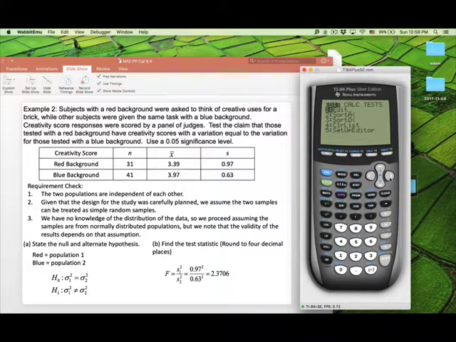So go to stat, go to test, go to 2 sample F distribution hypothesis testing. Then choose the statistics summary. Okay, population 1 will be your red background. So this is a standard deviation, so I just put 0.97. And then sample size 31. Okay, sample standard deviation 0.63.